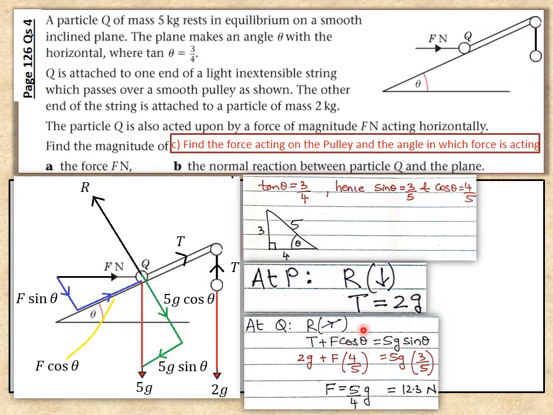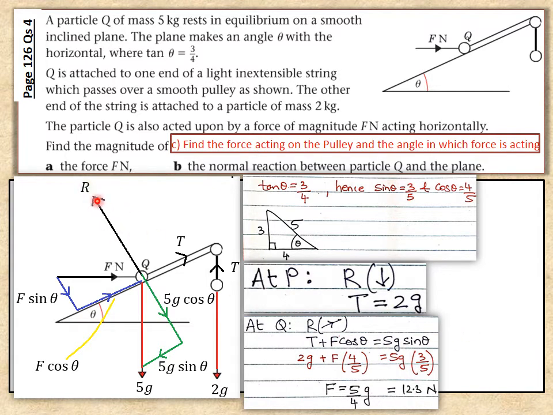In place of cos theta, we substitute the exact value; remember it's not only theta, so don't substitute only theta as 4/5. The entire cos theta will be replaced by 4/5, and the entire sin theta will be replaced by 3/5. This entire equation has only one unknown, F. You just do simple mathematics and you get F equals 12.3 Newton.